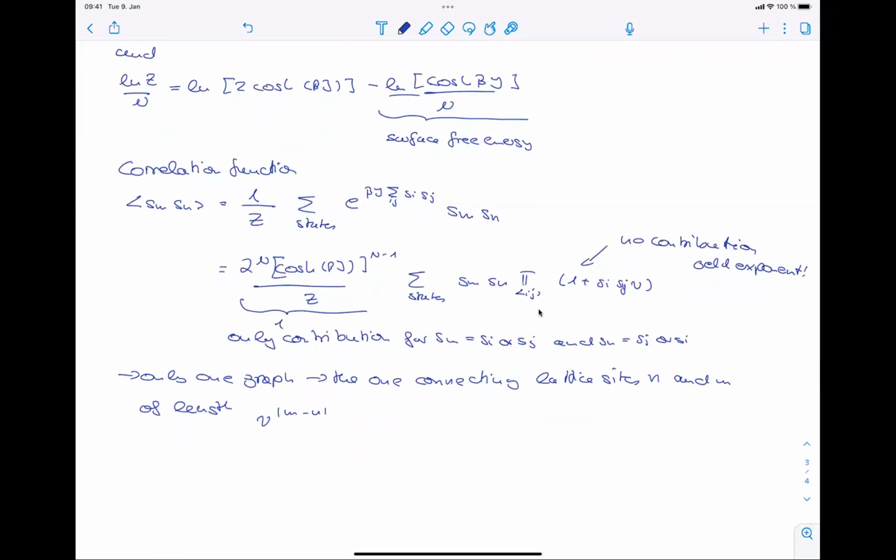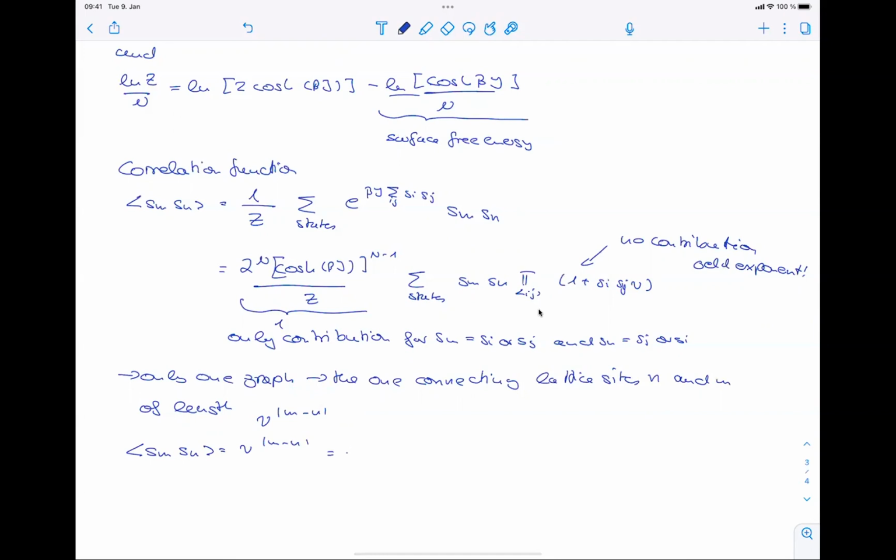And so now if we go back to our partition sum, remember this was a 1, this doesn't contribute. So I only get a contribution from this sum over the states of S_m, S_i, S_j, looking at the order in v which is contributing, which is exactly matching those. And then here, the corresponding graph is the one of v^{|m−n|}. So I get the correlation function to be simply ⟨S_m S_n⟩ = v^{|m−n|}.